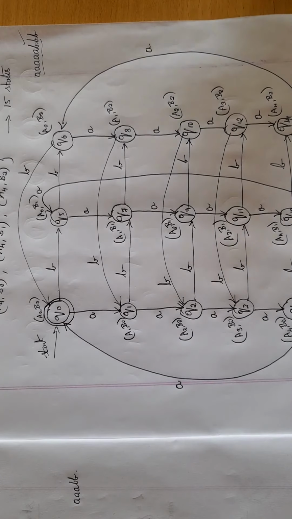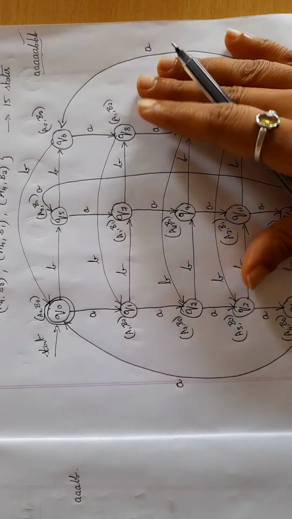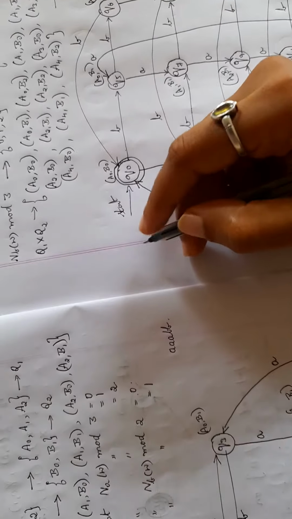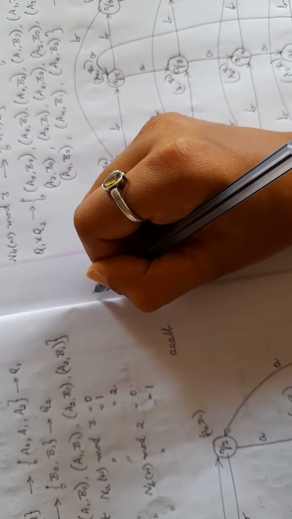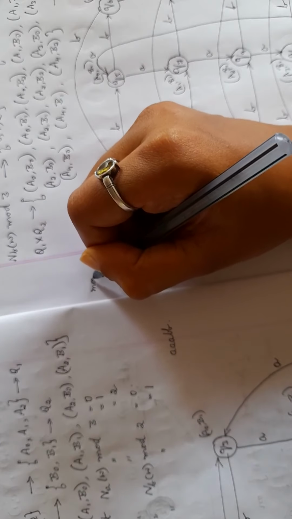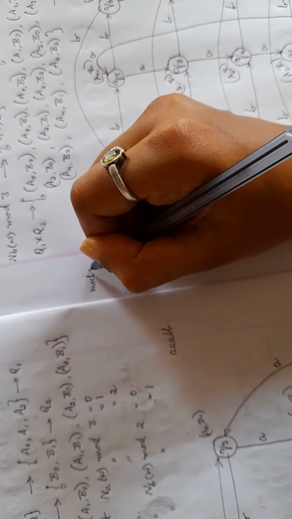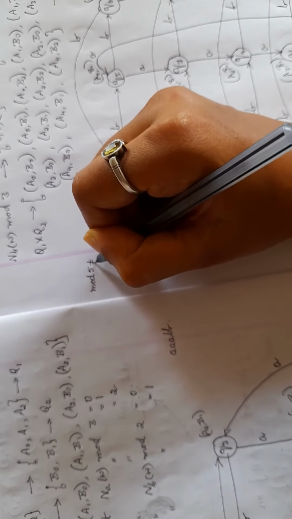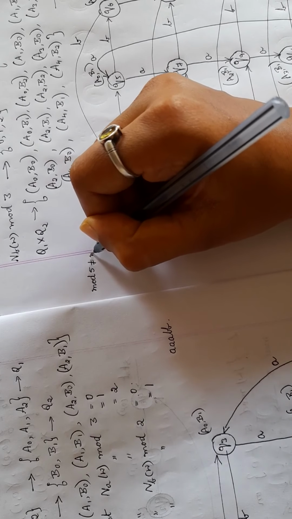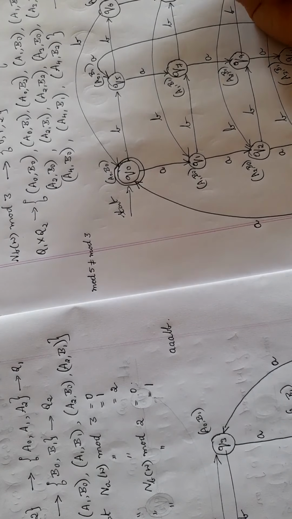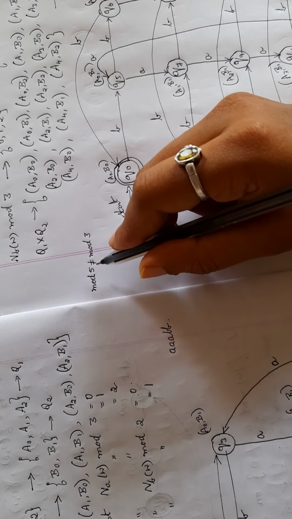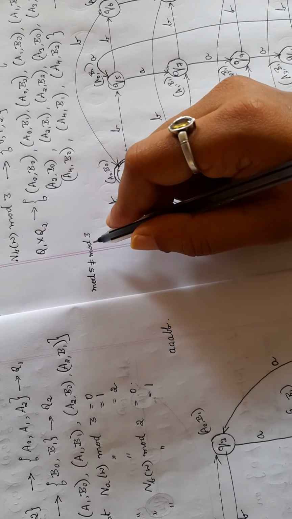One more change for the same question. Suppose they have given number of A's mod 5 is not equal to number of B's mod 3.